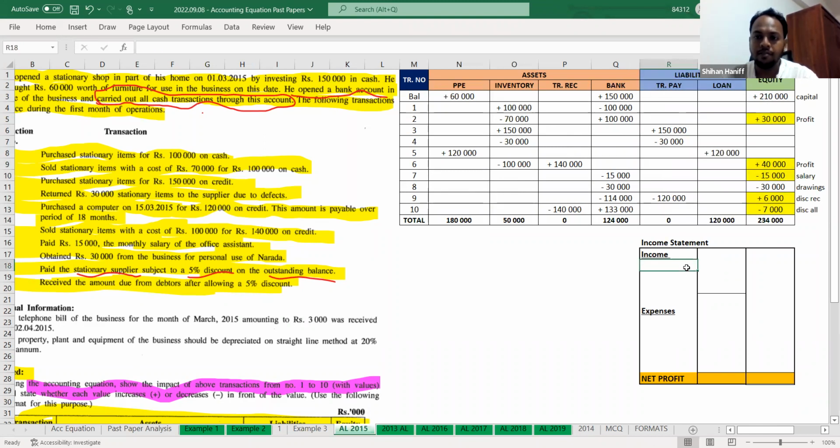Okay, whatever plus means income. We can say profit. Then there is another profit, 40,000. And there is discount received, 6,000. Total income.